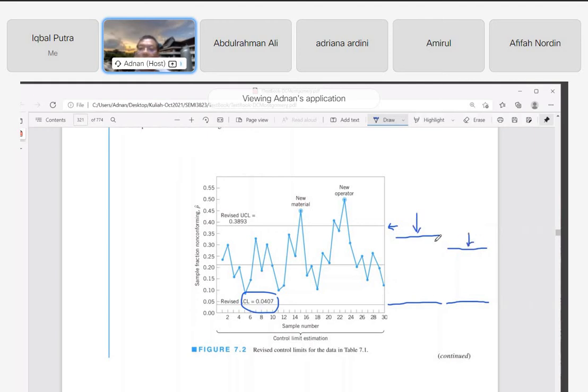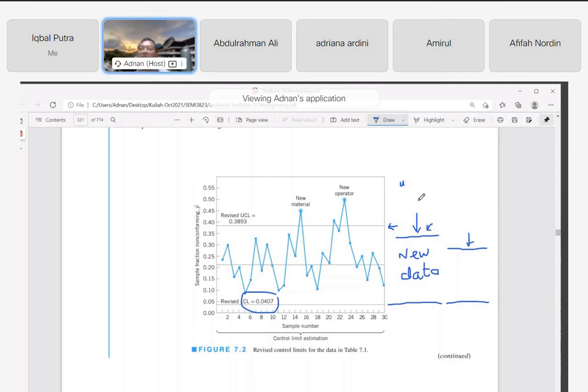But when you implement this control limit, you use new data. In this case, they use the old data, the same data, just to show how this new line looks with respect to the old data. But here you have to collect new data using the revised control limit.